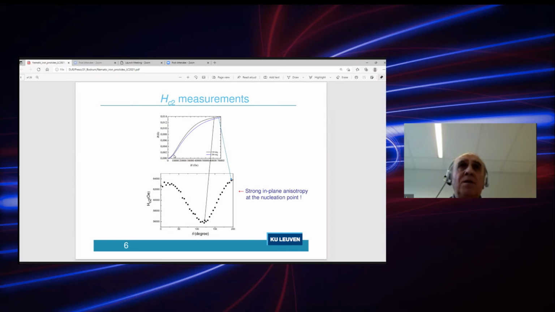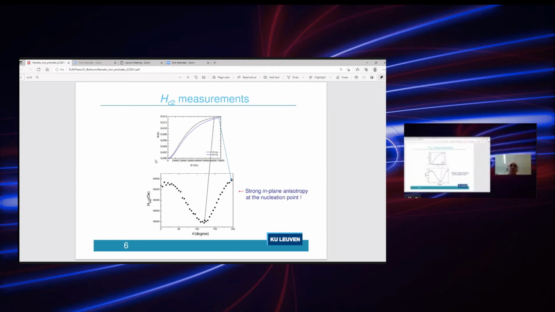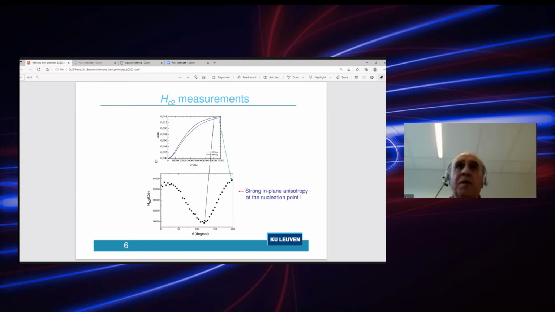So to do so, we redraw the resistivity curves. So we measured initially the resistance as a function of temperature for different applied field values and directions. And now for a fixed temperature, we take a cross-section of these curves, and we obtain the resistivity for a fixed temperature, but as a function of applied field.